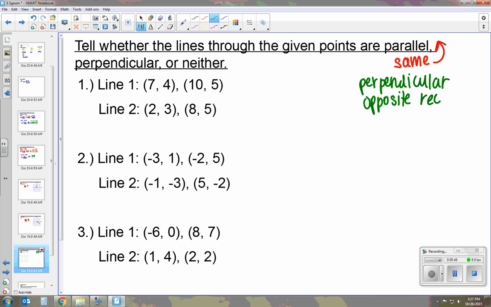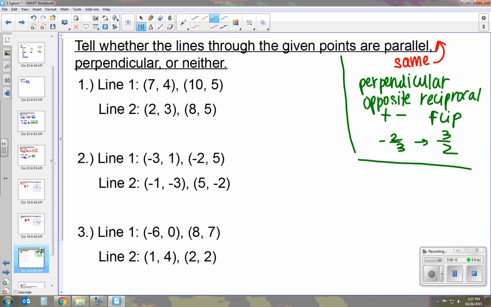An opposite reciprocal means change the sign. If it's positive, you change it to negative. And if we do the reciprocal, that means flip the fraction. So if we have something like a negative 2/3, the opposite reciprocal would be 3/2. Okay, so we're going to find the slope of each line, and then we're going to compare them.